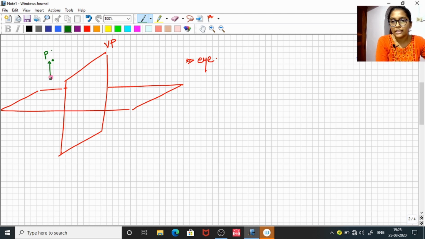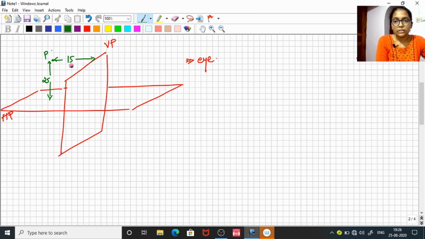See, this is your HP, right? So P is located about 25 mm above HP, and P is located about 15 mm behind VP, because with respect to the observer who is standing here, this P is behind VP, isn't it? It's in the back side of VP. So we have to say that P is located 15 millimeter behind VP.